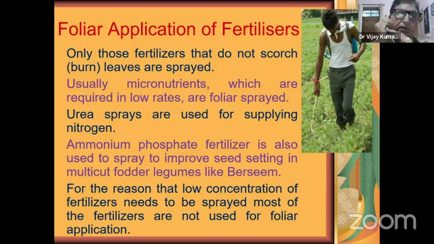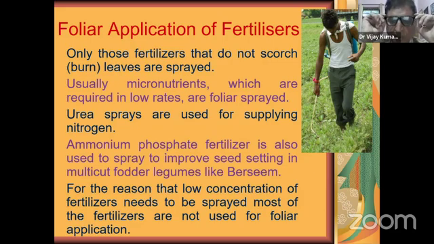Usually micronutrients which are required at a low rate are being foliarly sprayed. Urea is also sprayed. So this is a better method for improving the fertilizer use efficiency.